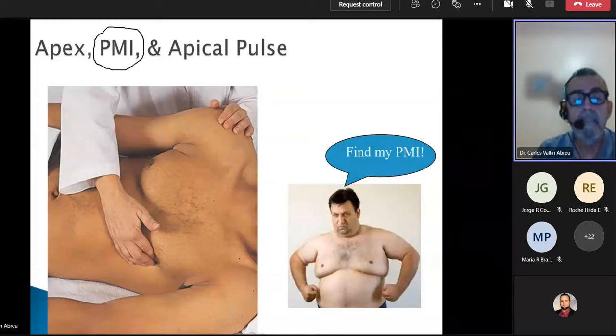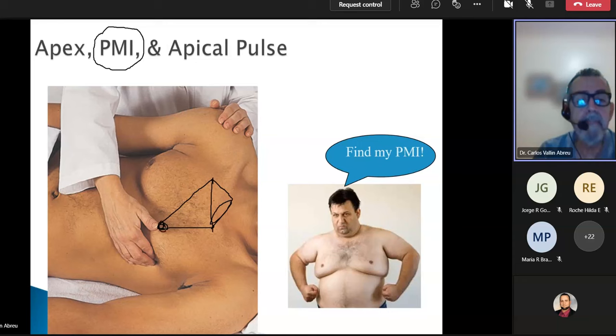The heart has a pyramid shape, an inverted pyramid. The apex of this pyramid is against the left side of the chest wall, and this apex in adults has a very constant placement, which is the fifth intercostal space.